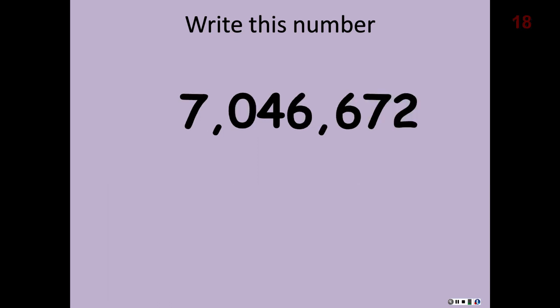Ooh, there's a big one. Try that one and use the strategy. Read it out loud to yourself and then write it. Read it out loud and then write it. Correct.